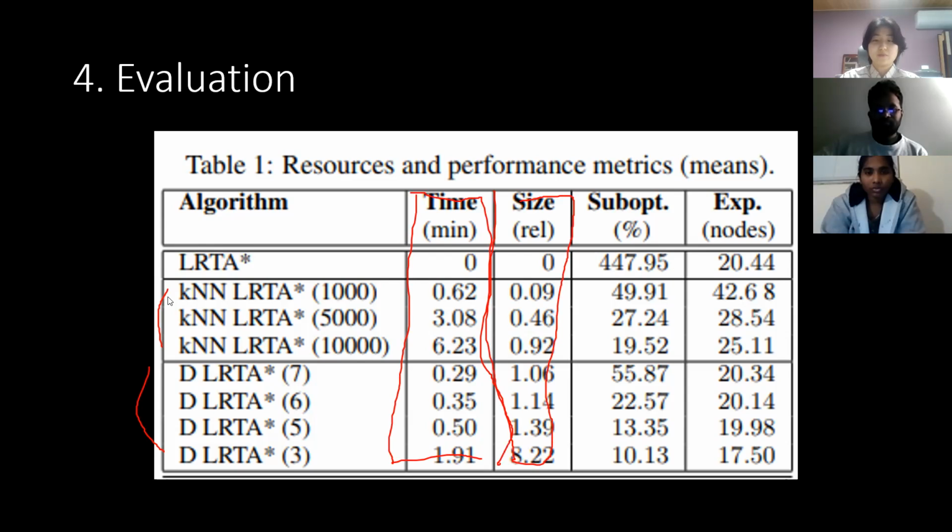But the authors encouraged to use KNN LRTA star in exchange of the disadvantage because KNN LRTA star's computation time, this one, will not be completely the worst case, and memory saving is vital in video game hardware.